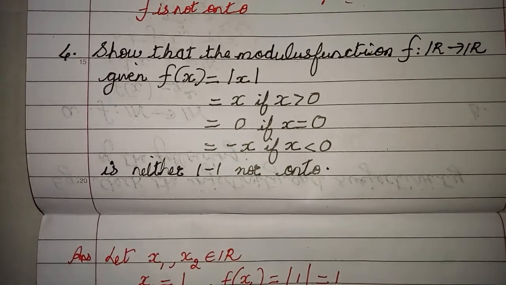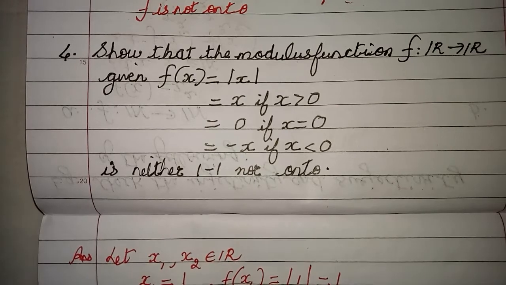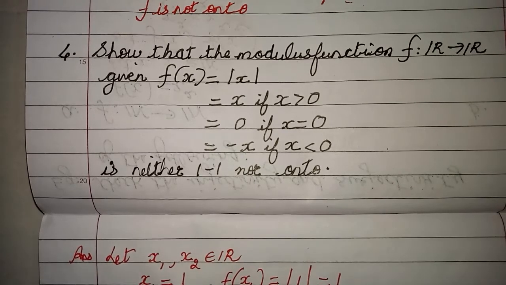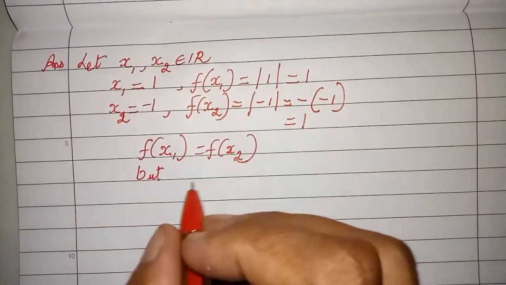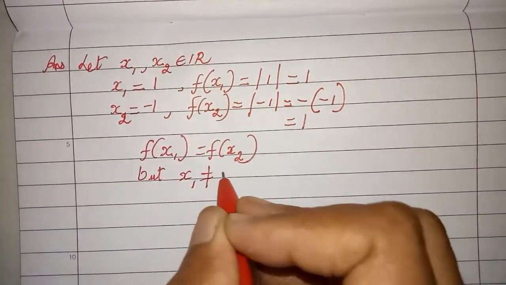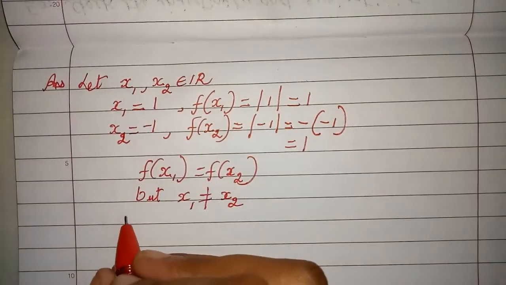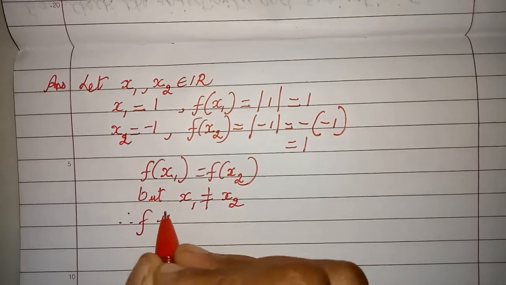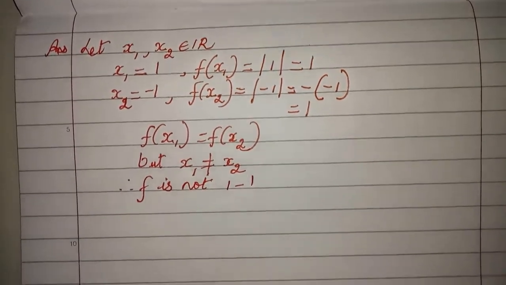So the answer is 1. Here you can see, children, f of x1 is the same as f of x2, but x1 is not equal to x2 because it is 1 and minus 1. So I have proved that the function is not 1-1 or injective.